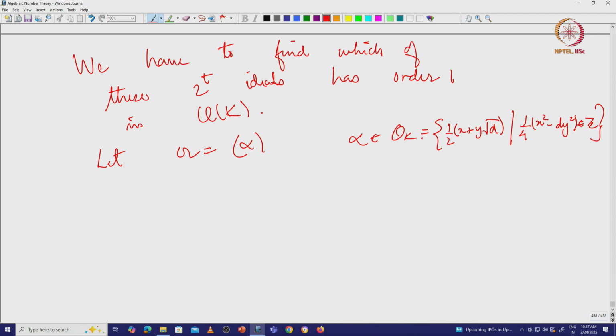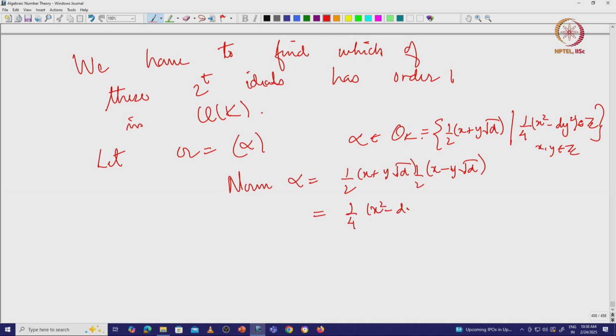So okay, in any case what this means is that the norm of alpha is equal to half x plus y square root of d times half x minus y square root of d. Here x and y are in Z, of course, and so you get 1/4 (x squared minus d y squared), right.